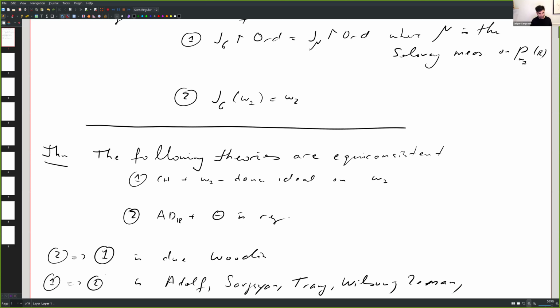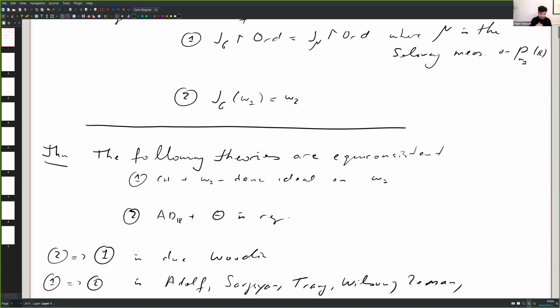So the point is that this problem is in Hugh Woodin's big book, to prove that these two theories are equiconsistent. It was important for inner model theory because this was the test problem for core model induction, meaning if we can prove that these two theories are equiconsistent by this method called core model induction.